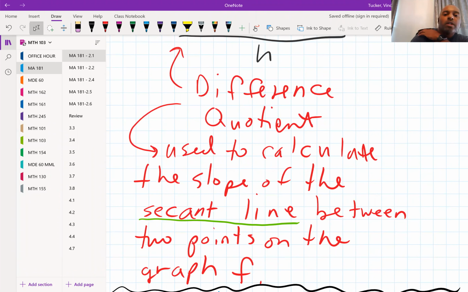So we use that difference quotient to calculate the slope of the secant line between two points on the graph of f.